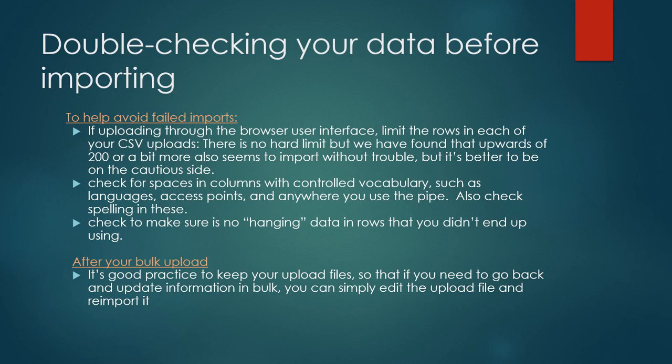So just make sure that you don't have extra spaces kicking around in those columns, and that there are no stray pieces of data or cells filled out in rows that you didn't actually end up using, because then it can create blank records potentially on your upload.